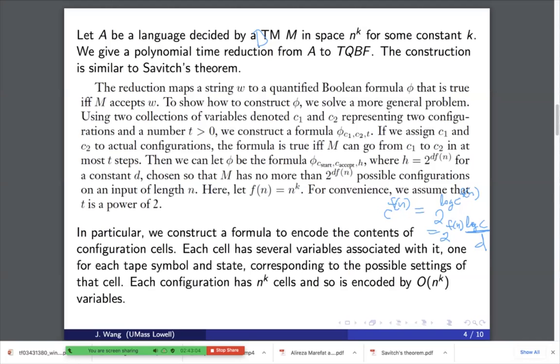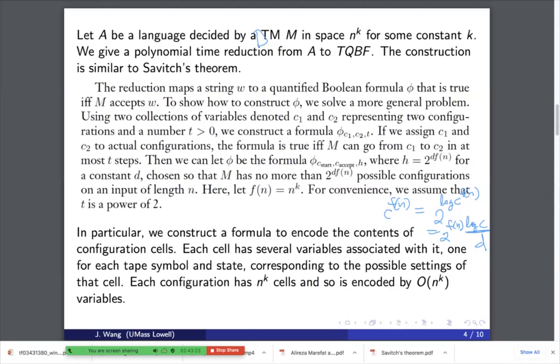So that's what we do here. We use a fully quantified Boolean formula to represent a computation.